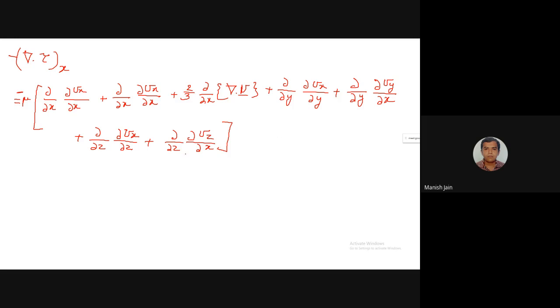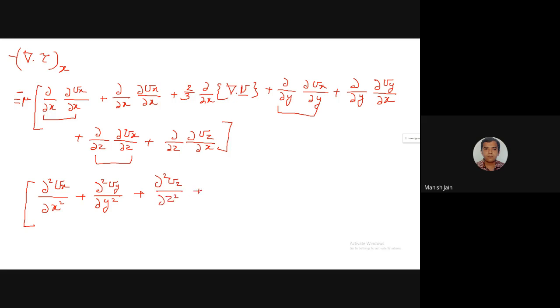Now in this expansion, these terms del vx, vy, vz will come at one side, so it will become del square vx divided by del x square plus del square vy divided by del y square plus del square vz divided by del z square.